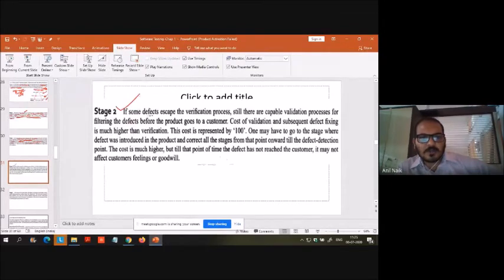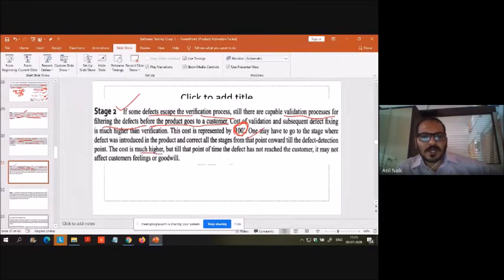Similar to that, in stage 2 also, if a defect escapes the verification process, there are still capable validation processes for filtering the defects before the product goes to the customer. To fix those errors, the cost will be increased.